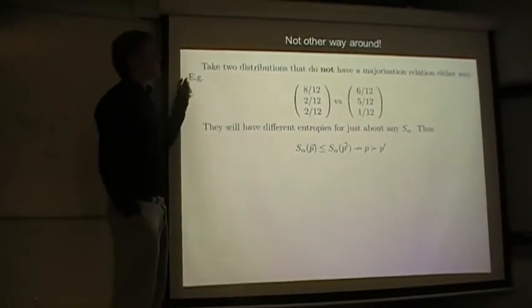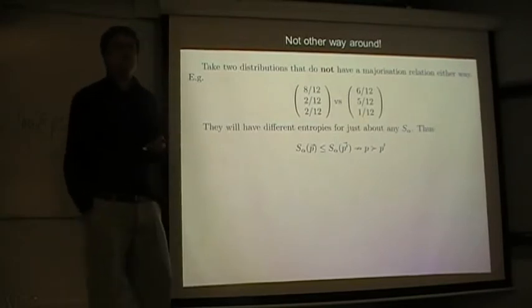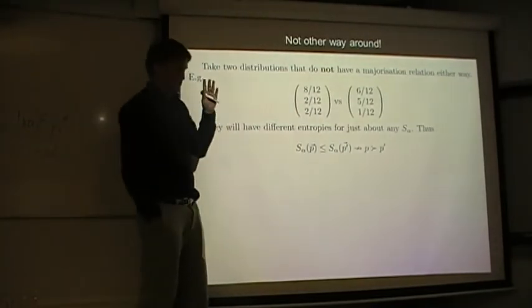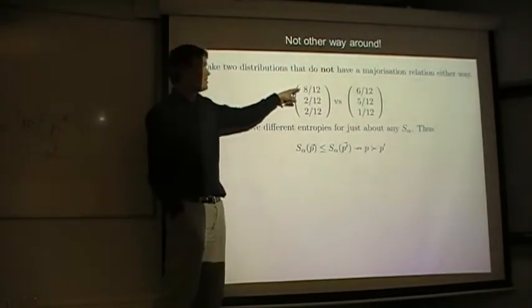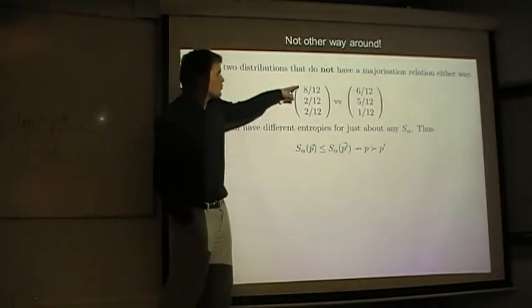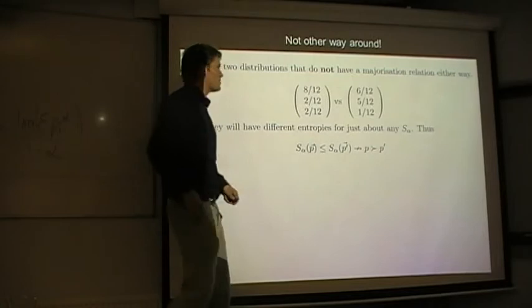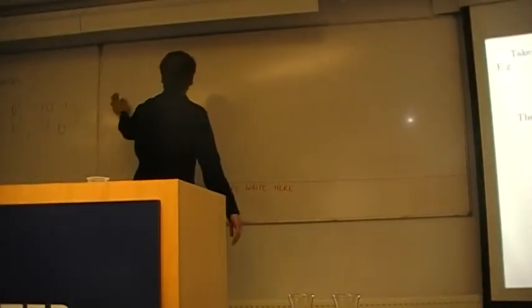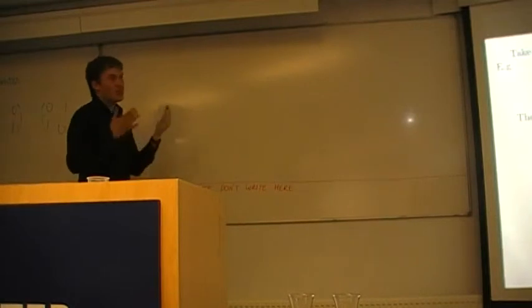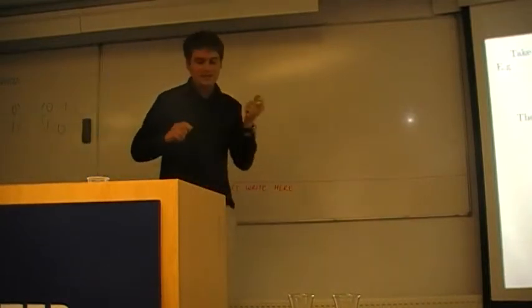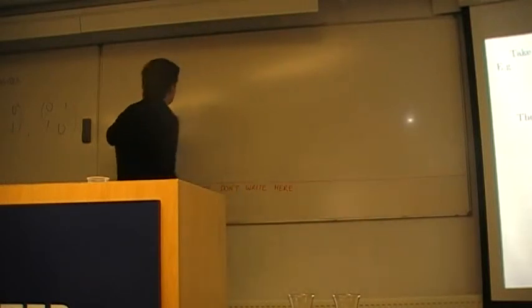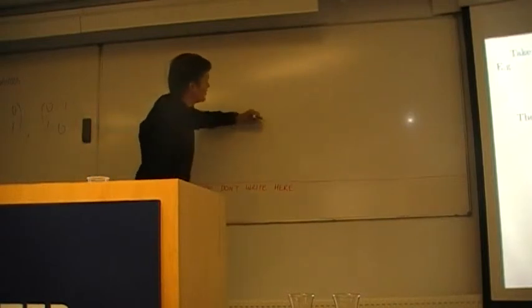So if you take two distributions that do not have a majorization relation, so for example, if you just write down these guys, if you choose them such that they don't majorize each other, I don't know if you can see already now that they don't, unless I've messed up. An easy way of checking, and I guess that's the key reason why we write down that majorization condition in terms of the Lorenz curves, is just to draw the Lorenz curves, and then we see if they cross.